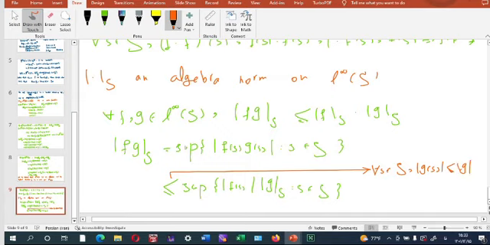It is very trivial because the norm of g is the supremum of all of these objects, okay? So that this is less than or equal to these real numbers, and we can write this norm multiplied by this supremum of |f(s)|, such that s belongs to S, and equal to the norm of g multiplied by the norm of f.